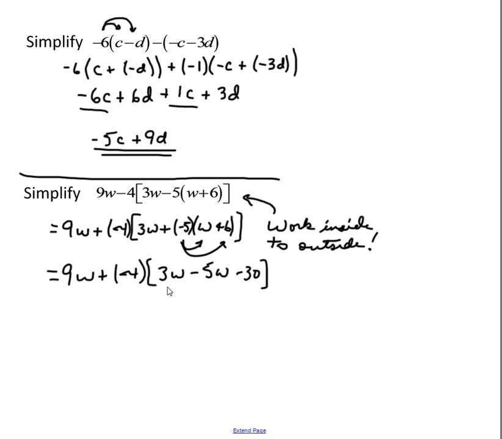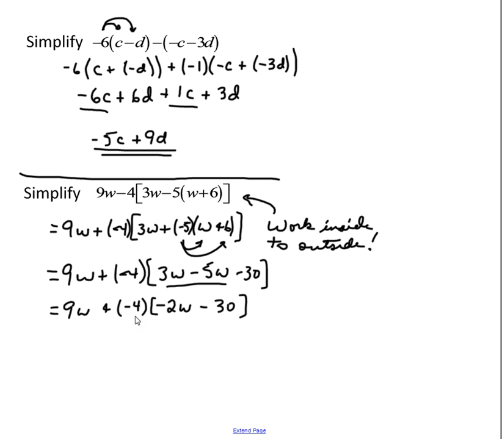The next thing to note is that whenever we're in a parentheses, order of operations says to work within the parentheses, so simplify these two like terms by combining them. So this is going to be plus negative 4 times 3w minus 5w, which is negative 2w minus 30.